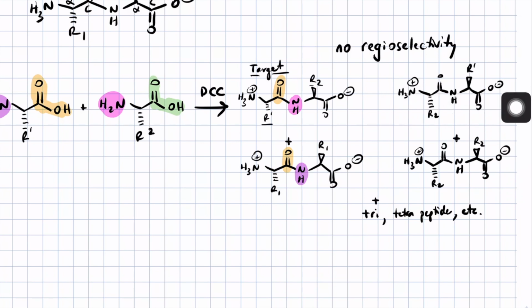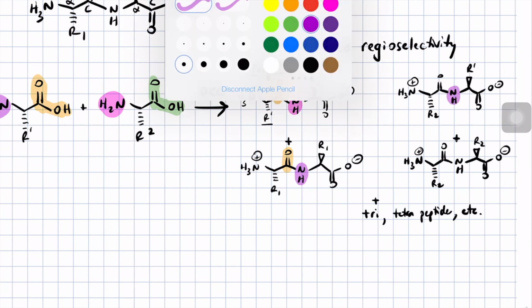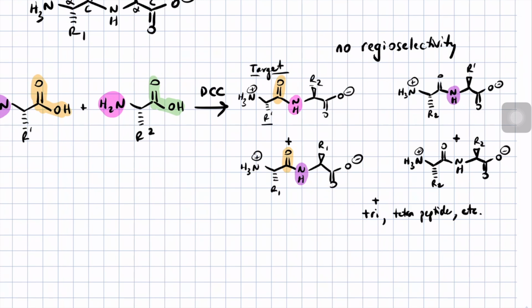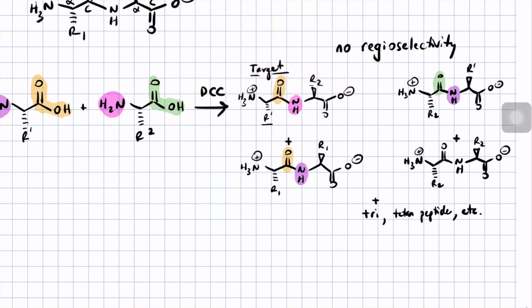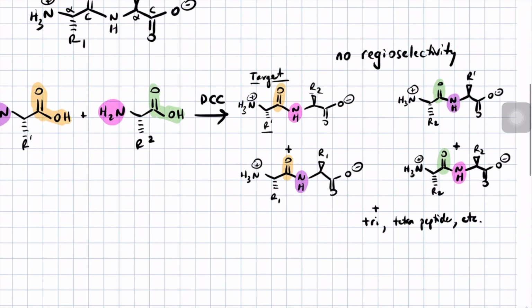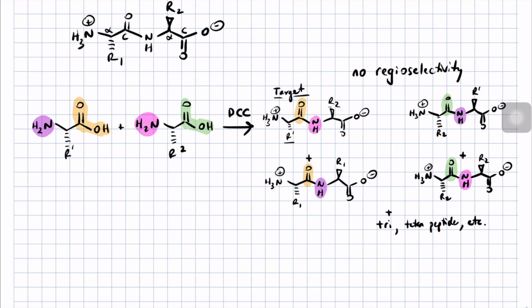Over here on the right and up top, we have a linkage between the purple nitrogen and the green carbonyl group. And then we also have a connection between the pink nitrogen and the green carbonyl group. In other words, we don't have any selectivity, and that's the problem.